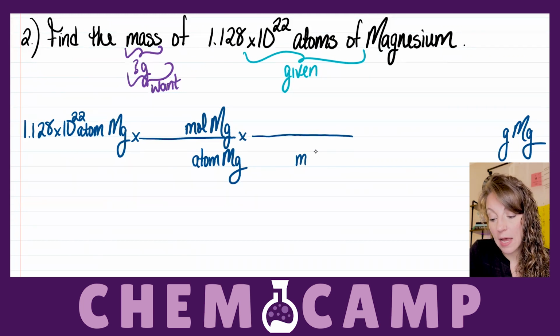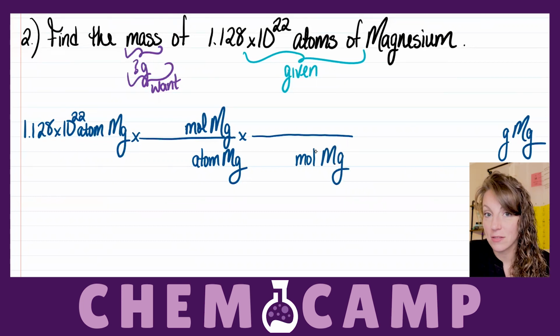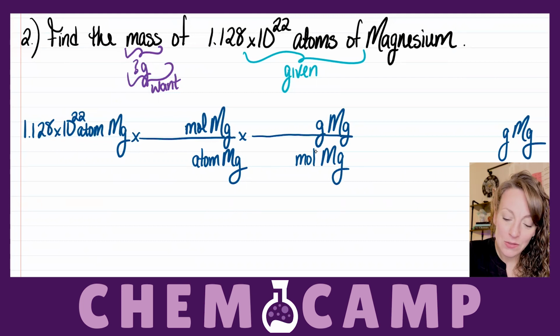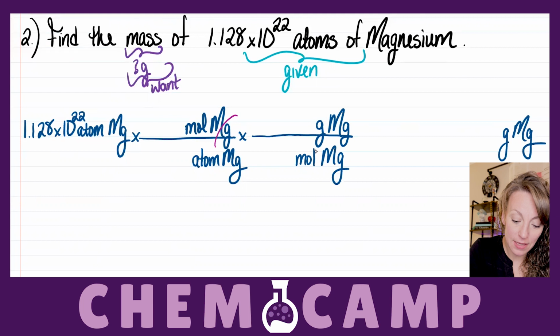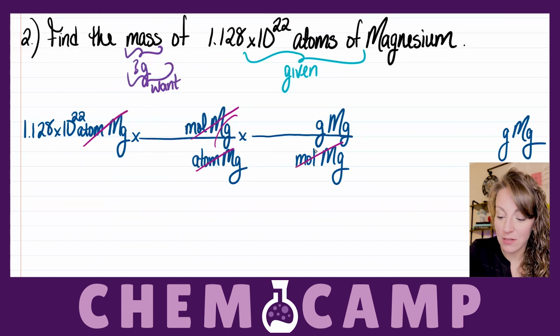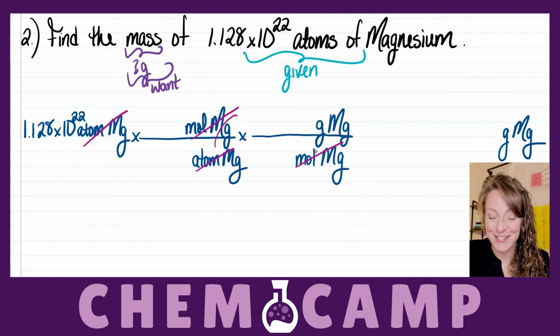And I can bring down the moles of Mg to the bottom of that ratio to once again cancel. Now that I'm at mole of Mg, then I can go to gram of Mg. So once again, I've canceled the unit that I was given and worked my way to the unit that I wanted to get to.